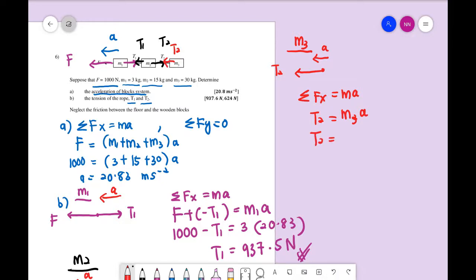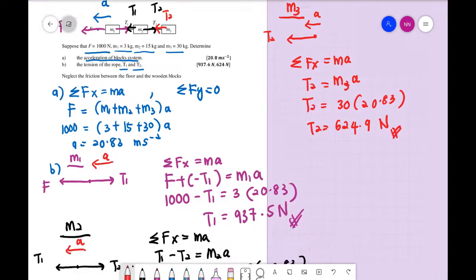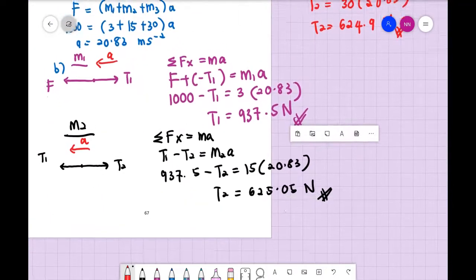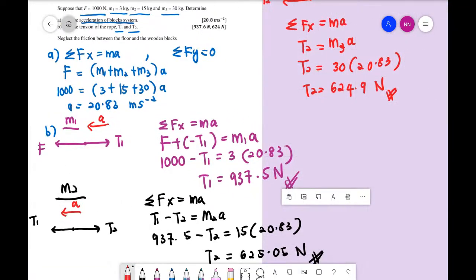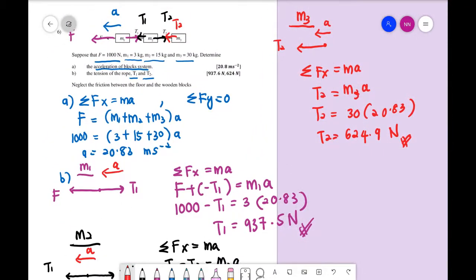M3 is 30 kilogram and acceleration is 20.83. So T2 equals 30 times 20.83 equals 624.9 Newton. It is the same as we calculated from M2. The concept is you may use M3 or M2, it doesn't matter.